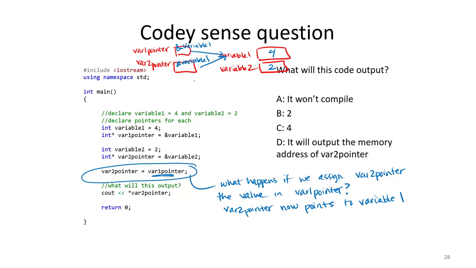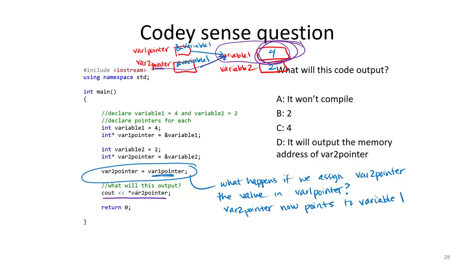So if variable 2 pointer now points to variable 1 up here, what's going to happen if I write cout asterisk variable 2 pointer? Well, asterisk variable 2 pointer means go where variable 2 pointer is pointing and return the data stored there.